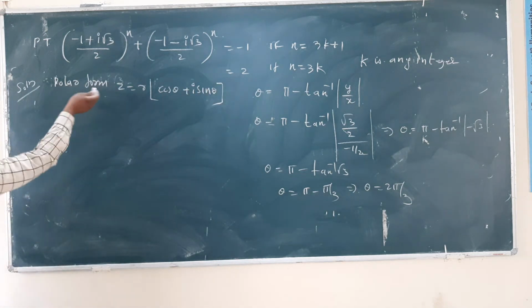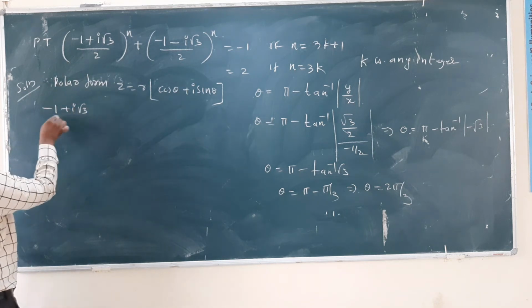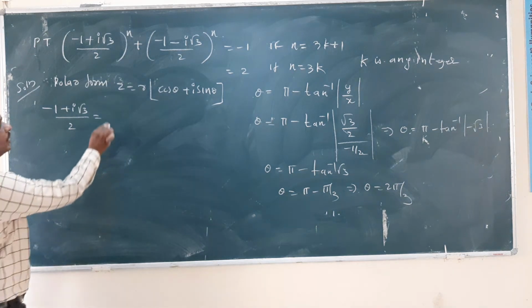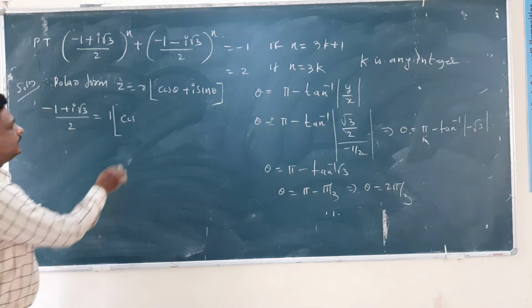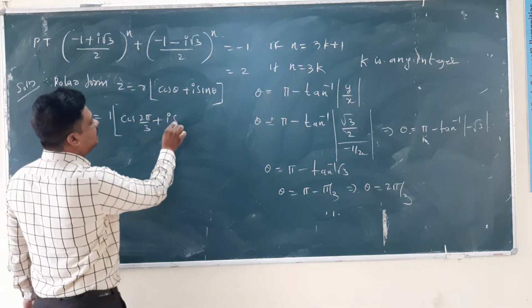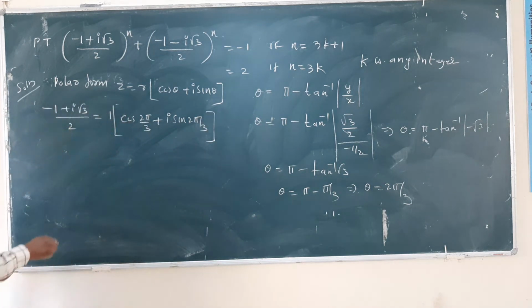So z is nothing but the given function (-1 + i√3)/2, which is equal to the value of r, here 1, into (cos 2π/3 + i sin 2π/3).